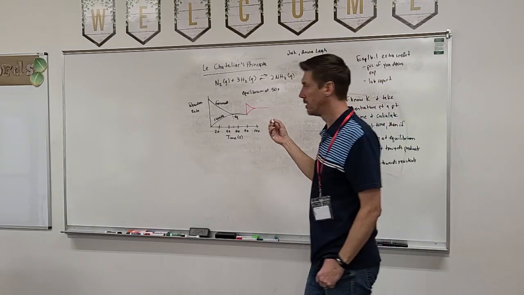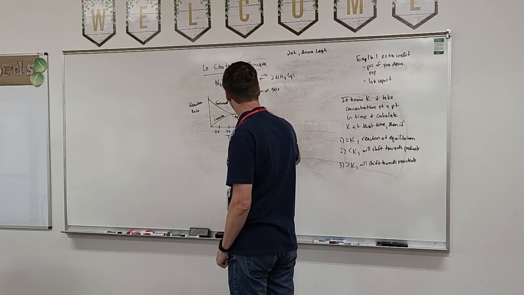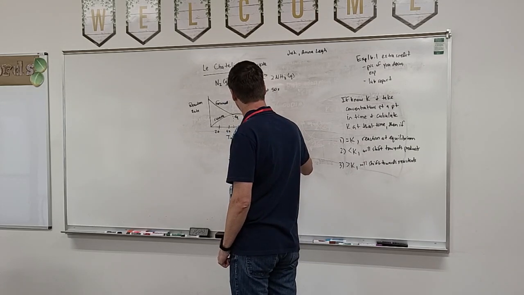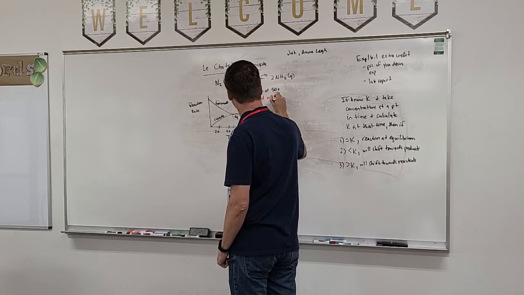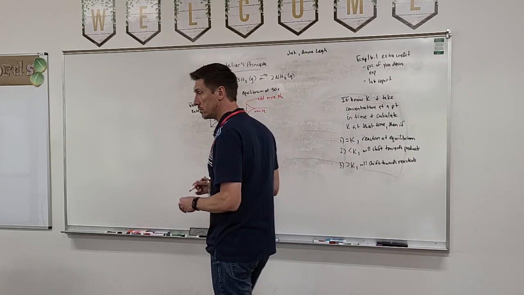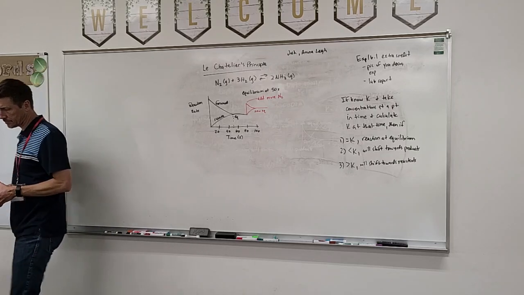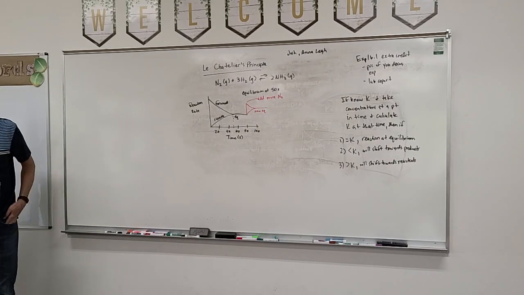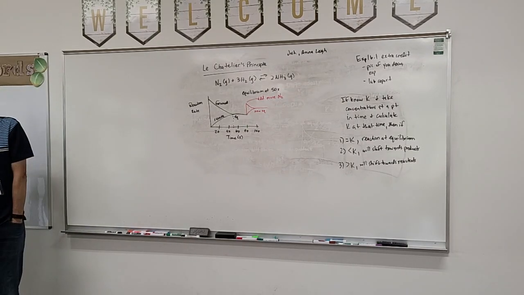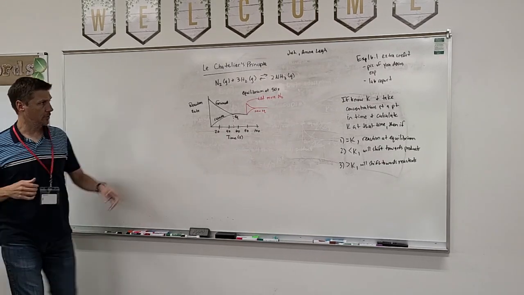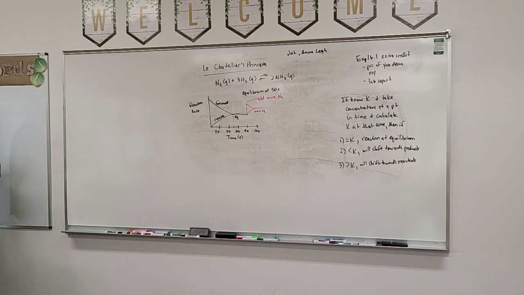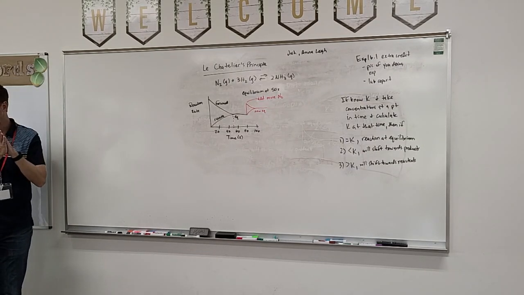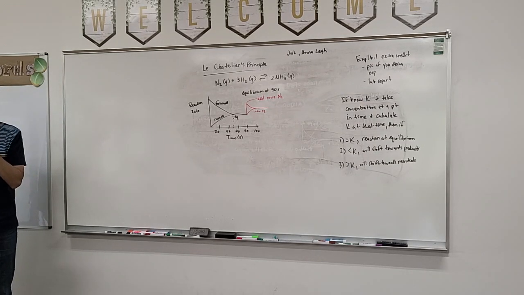Does everybody see that? So this is the new EQ right here. So at this point right here, we added more N2. So immediately when we did that, the forward reaction increased, right? The forward reaction jumped up, and it started slowly making some more products, so they started catching up, and then we reached a new equilibrium. Does that make sense to everybody? The way you read that graph?